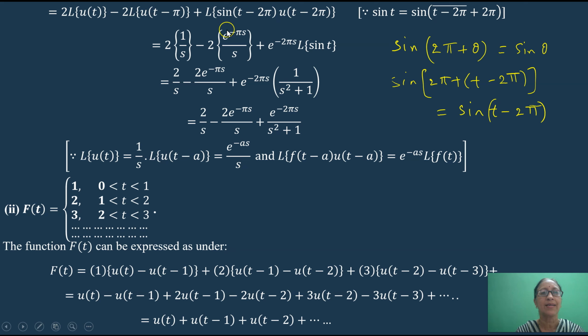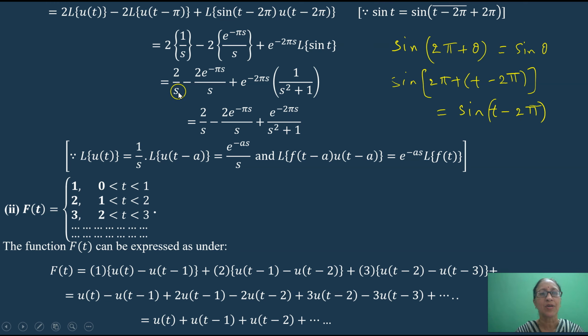So here we get e power minus pi s upon s plus here Laplace transform of f of t minus a into u of t minus a equal to e power minus as into Laplace transform of f of t. So here a is 2 pi. So e power minus 2 pi s into Laplace transform of, here f of t is sin t. F of t minus a is sin t minus 2 pi, right?